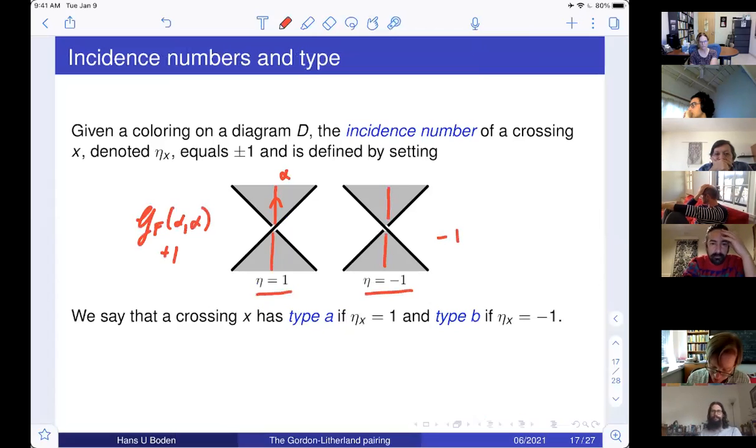And it actually is independent of how you orient alpha. Alpha could go the other way, and it's the same difference. So eta sort of counts the self-linking of curves going through that crossing.